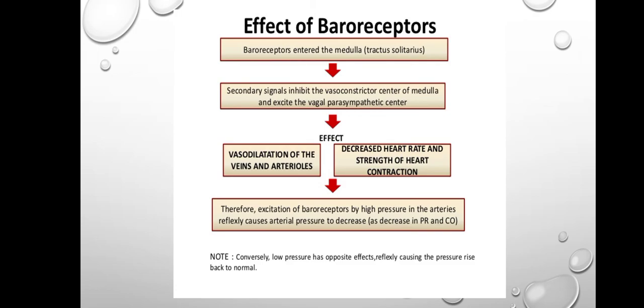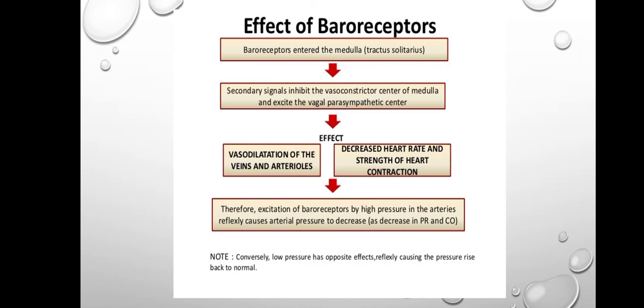So here we have the effects of baroreceptors. This is giving us that scenario which we've already talked about on what happens during short-term mechanisms of baroreflexes. So let's say there's increased blood pressure. When blood pressure is increased, the baroreceptors that enter the medulla will send an impulse rapidly to the tractus solitarius within the medulla.